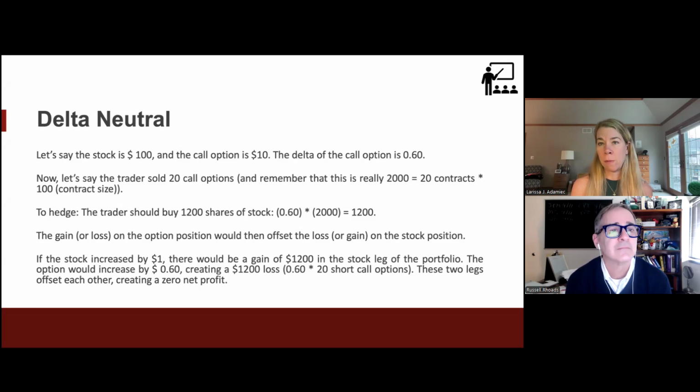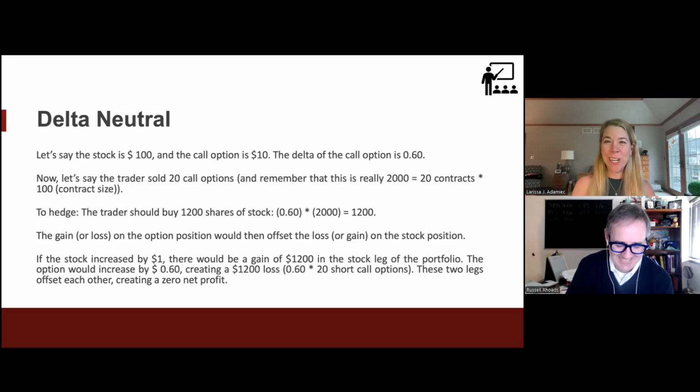Now you've created a portfolio of two legs, 1,200 shares and 20 short contracts, and you're essentially protected against major changes in the market. This is where I have to slip in a little gamma, because I want to be very clear that delta changes due to gamma. That curvature, from one of the first graphs we saw, means delta can change, and it changes at a rate of gamma.